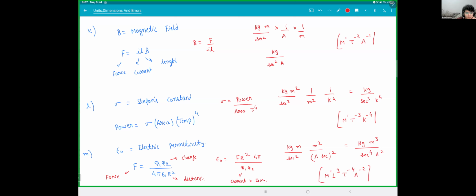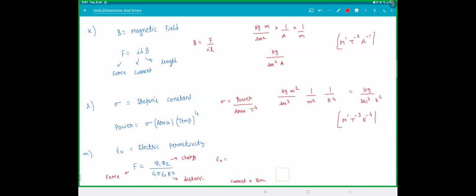Sir, the force should come at the bottom, right, in the denominator. Yes, that's right. I wrote it all reversed. This is Q1, Q2 by 4 pi FR square. Charge is nothing but current into time.